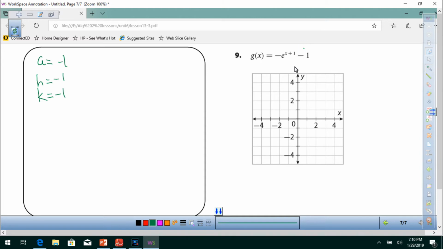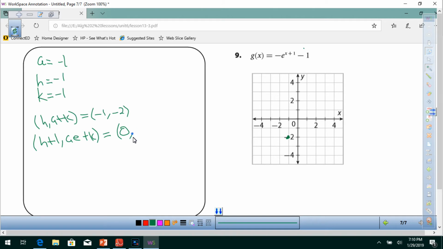All right, let's see here. Our first point is H and A plus K, and H is -1, and then -1 plus -1 is -2. So I've got -1, -2. That's right there. All right. And then my second point is H plus 1 and A times e plus K. And that's going to be, well, -1 plus 1 is 0.